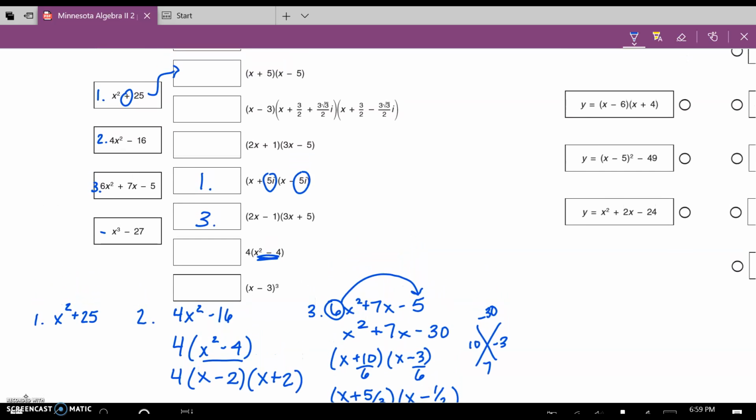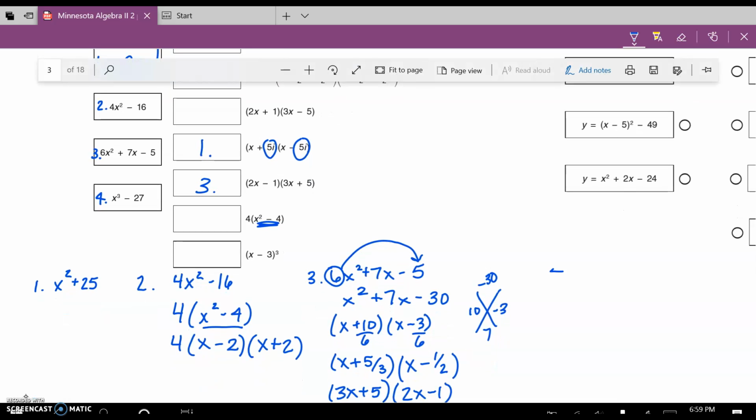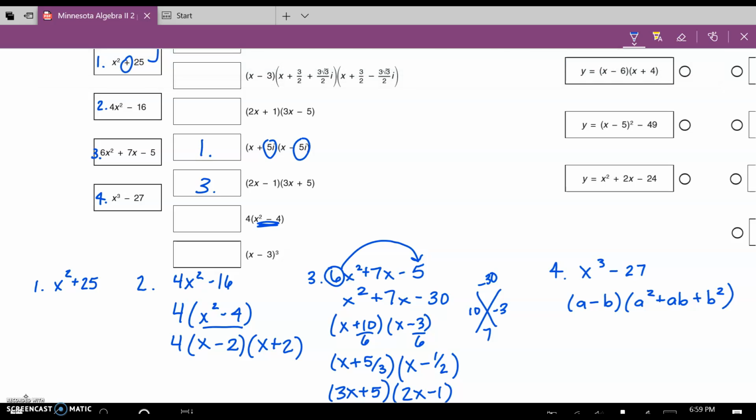Okay, and then last but not least, I have number 4. And number 4 is actually the difference of cubes formula. So if we remember our difference of cubes formula, it's going to be (a minus b)(a squared plus ab plus b squared). So I'm going to rewrite this as x cubed minus 3 cubed, because 27 is 3 cubed.